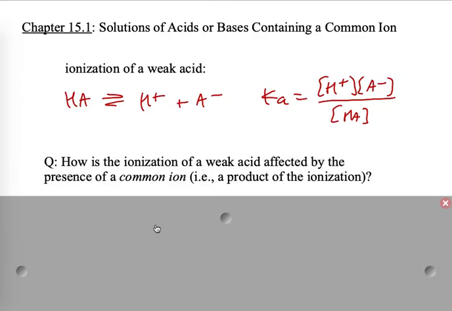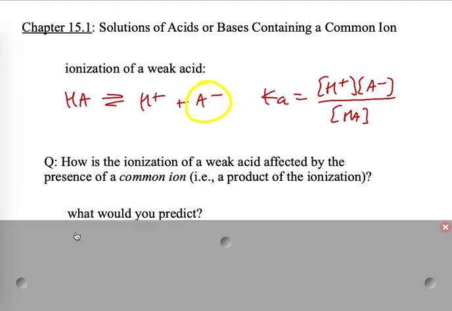The question we ask here is, how is the ionization of this weak acid affected by the presence of a common ion, that is, a product of the ionization? Or stated more explicitly, how will the extent of the ionization of the weak acid be affected if, rather than carrying out the ionization in pure water, we carry out the ionization in the presence of a substantial concentration of one of the products of the ionization?